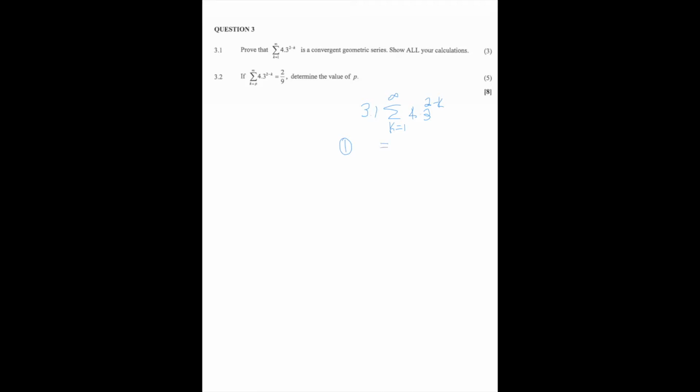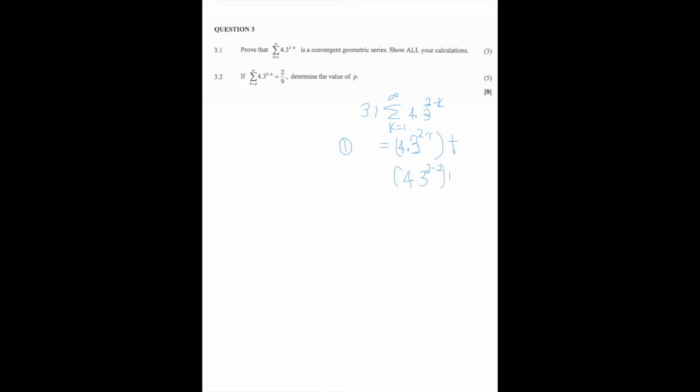So this is equal to 4 times 3 to the 2 minus 1, that would be the first term. Plus the second term, 4 times 3 to the power of 2 minus 2.